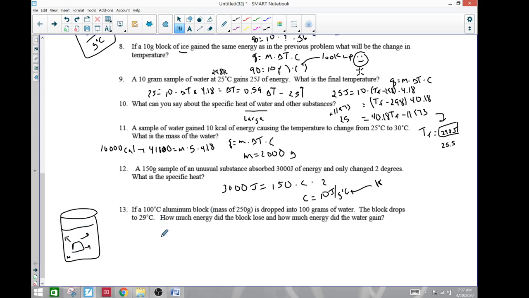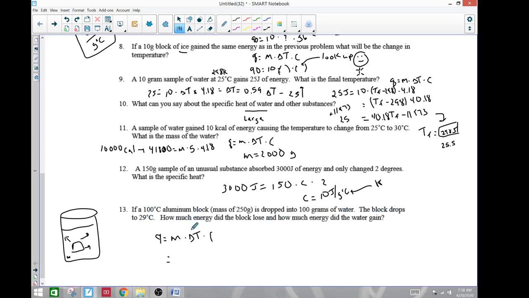So it's going to be Q equals mass times change in temperature times the heat. Let's just see how much does the water gain. Drop 100 grams of water, the block drops 29 Celsius.